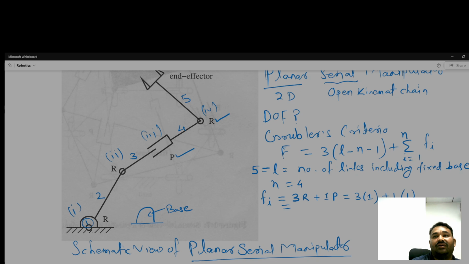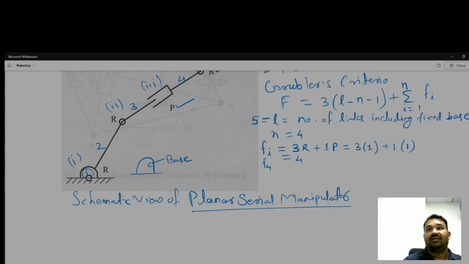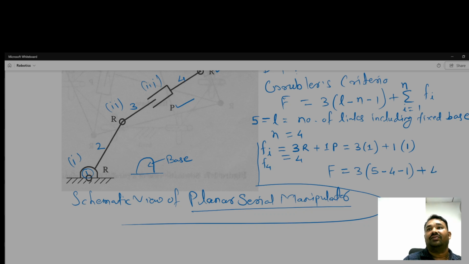So the sum of f_i is 4. Let us satisfy the equation: F = 3(5 - 4 - 1) + 4 = 4 degrees of freedom.